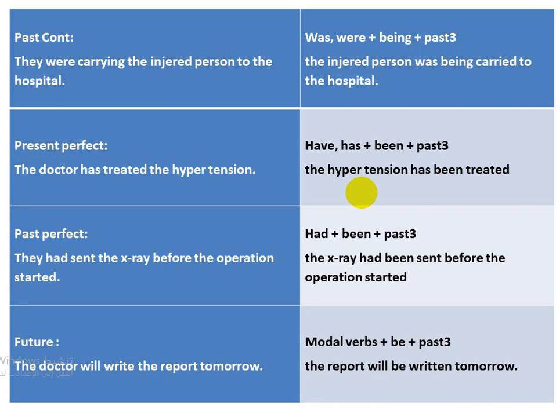Hypertension is a disease. What does it mean in Arabic? We have hypertension and we have hypotension. Okay.